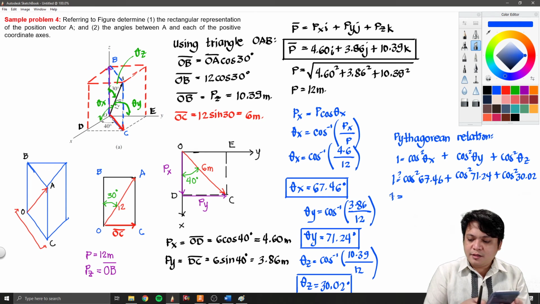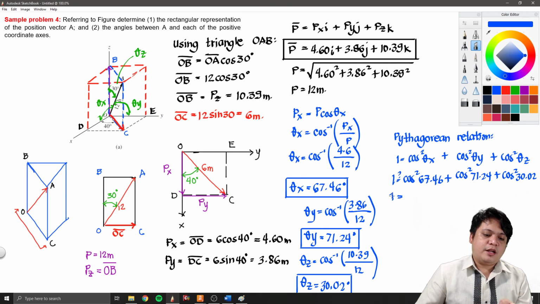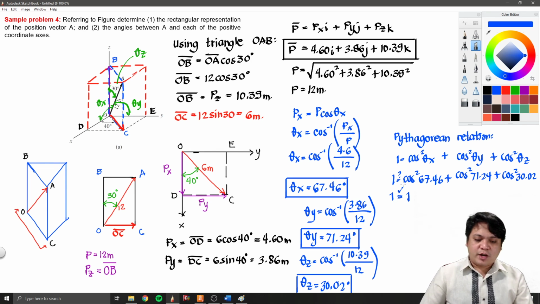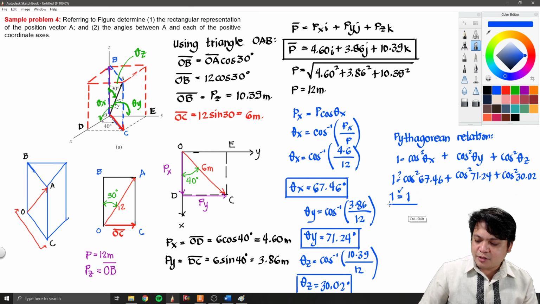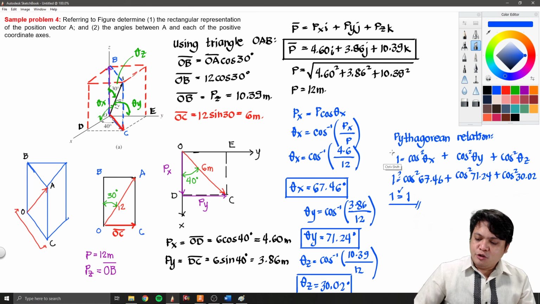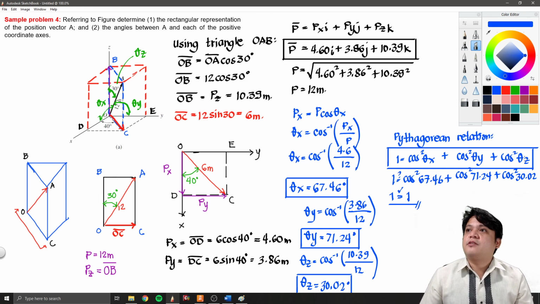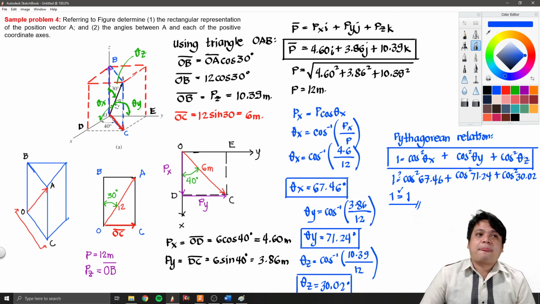So, cosine of 67.46 squared plus cosine of 71.24 squared plus cosine of 30.02 squared. Okay? And they should be equal to 1. So, ibig sabihin kung 1 sila, so tama, no? So, tama yung ating relation. Again, you may use this relation. Okay? This relationship is applicable for the directional angles of a vector. Okay? So, that's it for the problem number 4.